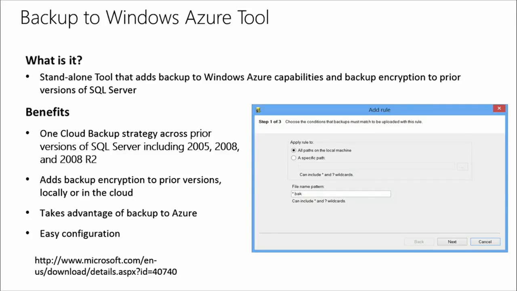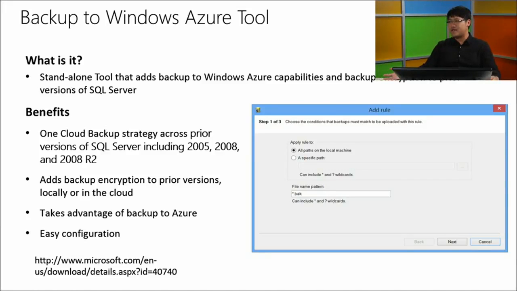You can install it in 5 minutes, and configure it in another 5 minutes. Last but not least, for those of you who do not have a Windows Azure account, or for some reason do not want to use the cloud storage, you can use this tool to encrypt and compress your backup locally. So you can use it to add that feature to your SQL Server instances as well.